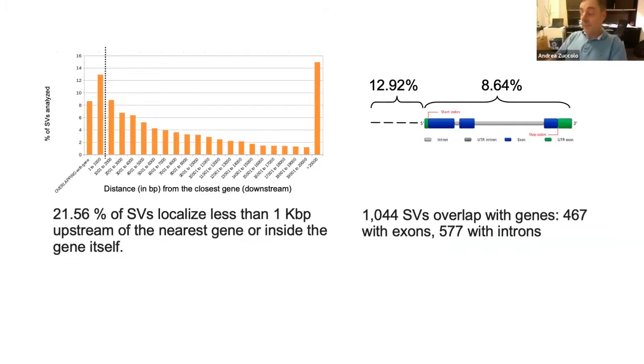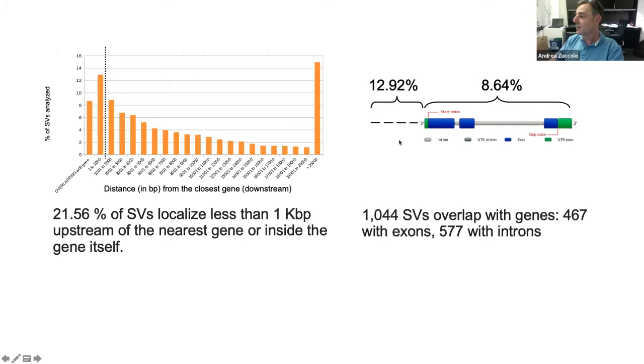We checked the distance of structural variants from the nearby genes. Here is the comparison of the accession Nipponbare versus Chaomeo. 12,000 SVs were considered, and 1 out of 5 is basically inserted into a gene or located less than 1 kb upstream from the nearest gene.